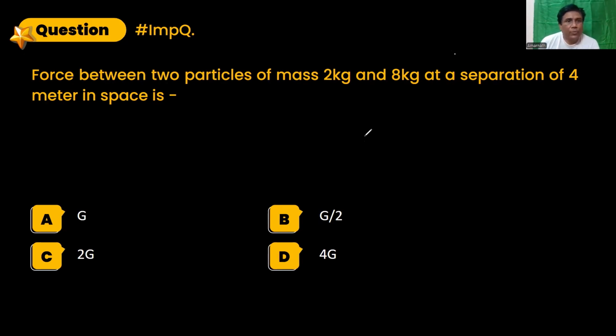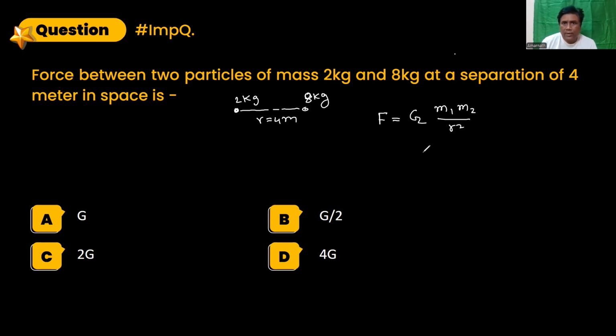The question is force between two particles of mass 2 kg and 8 kg at a separation of 4 meter in space. We know that F equal to Z m1 m2 by r square. Here one is 2 kg, another is 8 kg. All are in SI, so no need to worry.